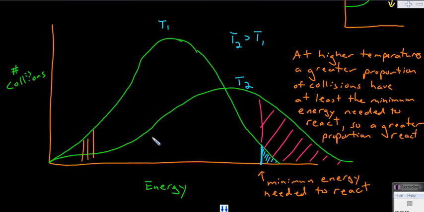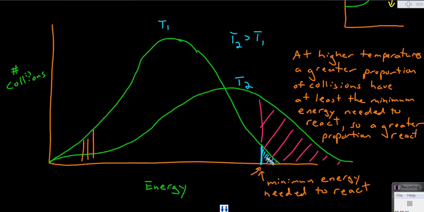Now, the kinetic energies, when these collisions occur, can turn into potential energy, and sometimes you'll have low potential energy. Sometimes the amount of potential energy gained from the collision is high, but most of the time it will be in the middle. But occasionally those collisions will give enough potential energy to make it over the activation energy barrier. There will be that minimum amount of potential energy to react.